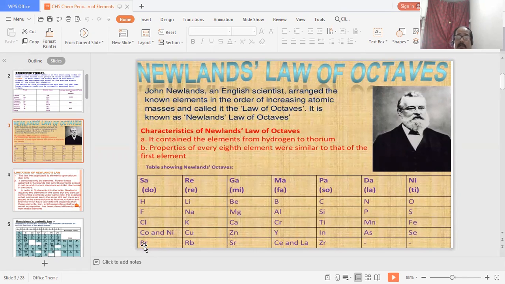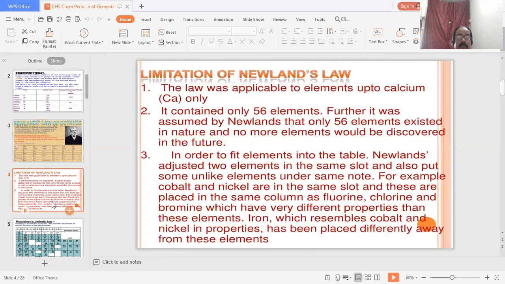So this is the wrong part. In order to fit elements into the table, Newlands adjusted two elements in the same slot and put some unlike elements under the same note, for example cobalt and nickel. So this is the limitation of Newlands' law.